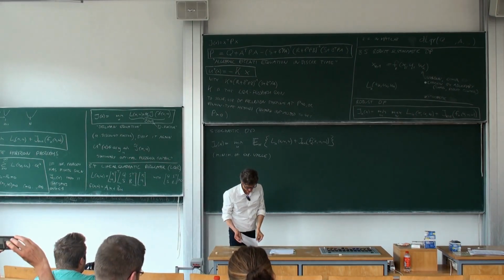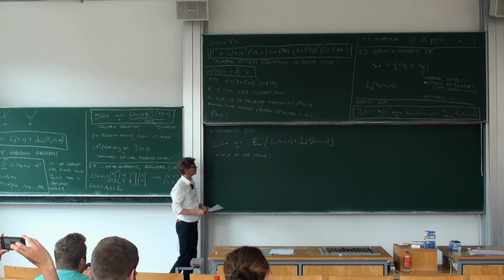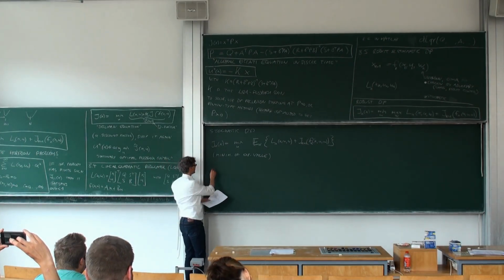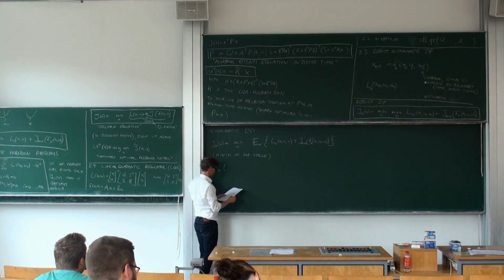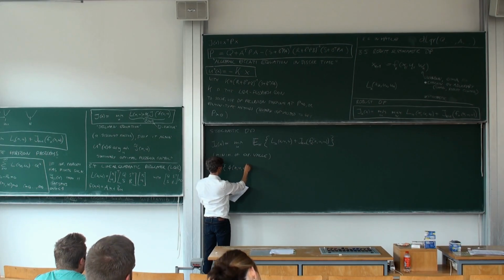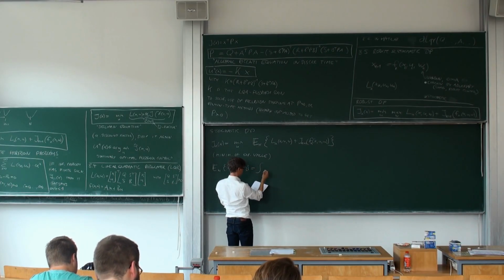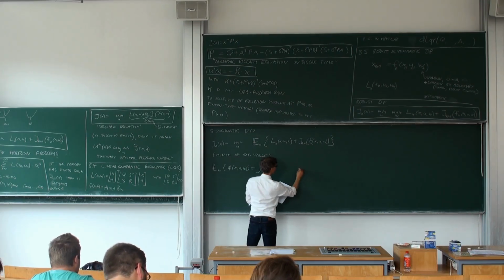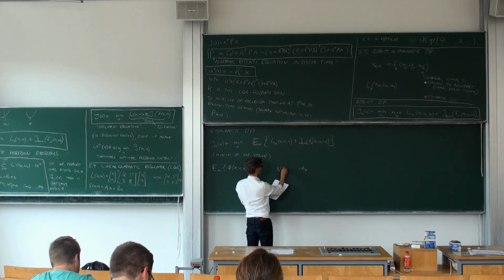So maybe I should also say what this expectation operation means. Of course, you know it, but just to be sure, the expectation of some function, which I call maybe a function phi of x, u, and w, could be the integral over all of the space of w's, each weighted with a probability density function that I call rho, and it could still be conditional on the x and u values.